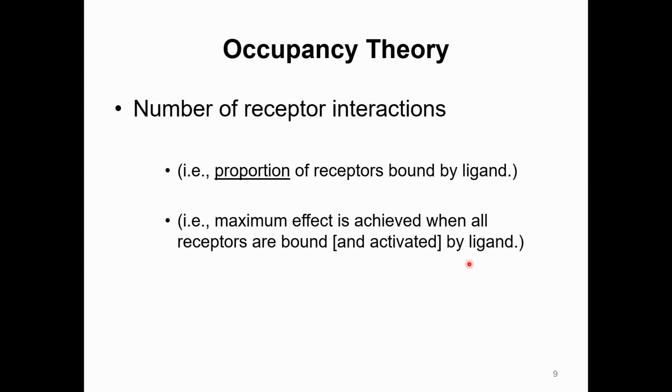Maximal receptor binding is 100%. It's impossible to get 110%, right? Because you reach a limit when all the receptors are occupied. And we would call that saturation. The receptors are saturated with the drug.